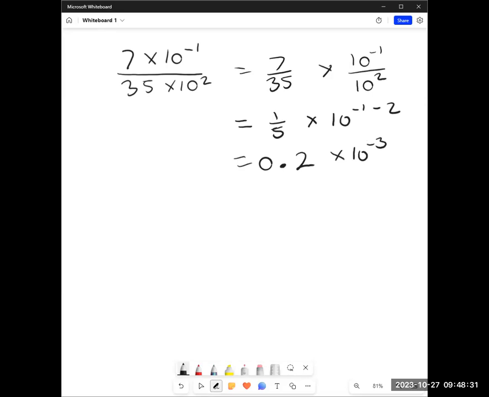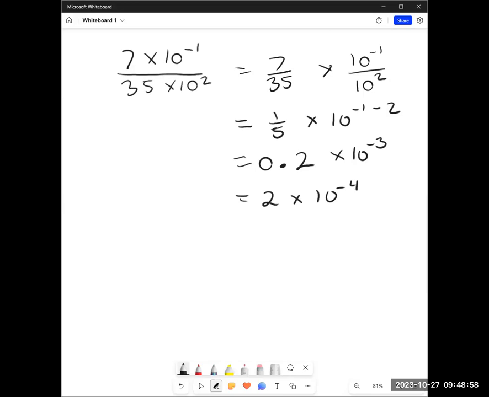Notice I have a 0 as my first number here to the left of the decimal point, and that's not a significant digit. So if I were to write this, I would write it as 2 times 10 to the negative fourth, so that I would have a significant digit to the left of the decimal point.